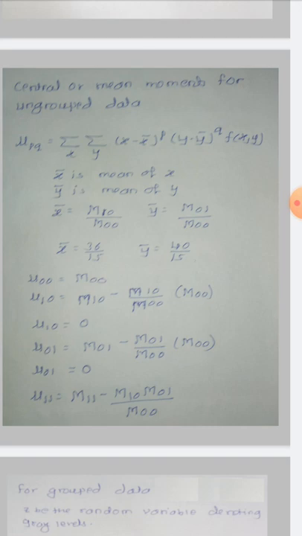The mean of x we can calculate by m10 divided by m00, and y bar is m01 divided by m00. For the above problem, we are getting x bar as 36 divided by 15 and y bar as 40 divided by 15.